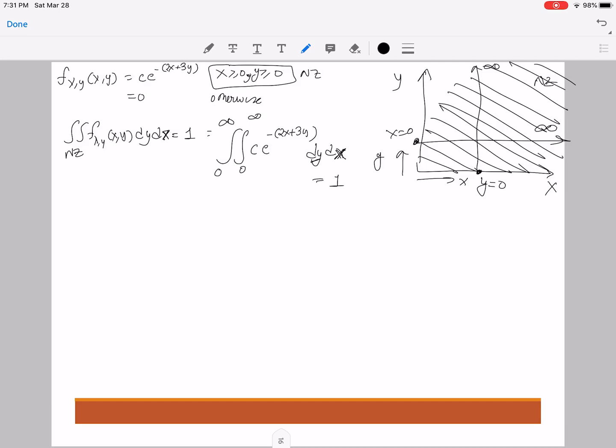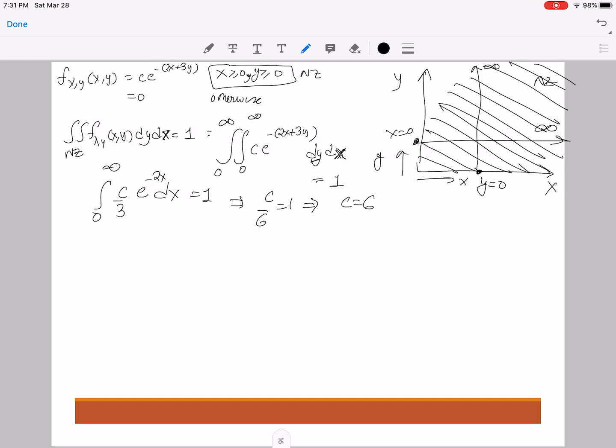So let's solve this integral. When I first evaluate with respect to y, I get the integral from 0 to infinity of c over 3 times e to the negative 2x dx, which is equal to 1. And next, when I integrate with respect to x, I get c over 6 is equal to 1, which gives me the value c is equal to 6.